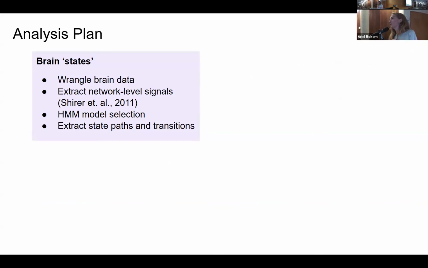We used 14 canonical brain networks from the Shirer paper. Then, to get states from that, we fit hidden Markov models, which we'll talk about in a second. We went through some model selection steps with the HMM, and then it spits out state paths and brain state transitions, which we'll also get into in a second.